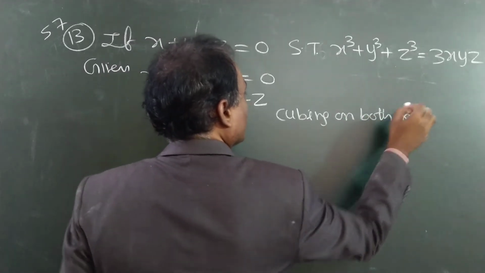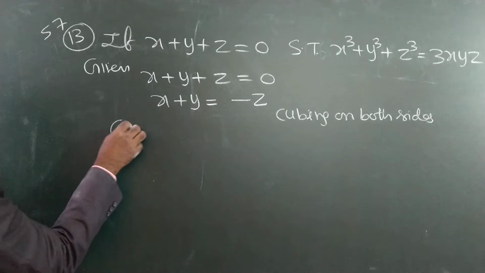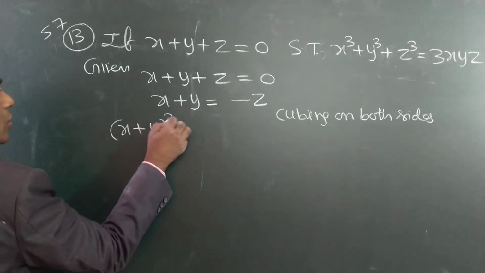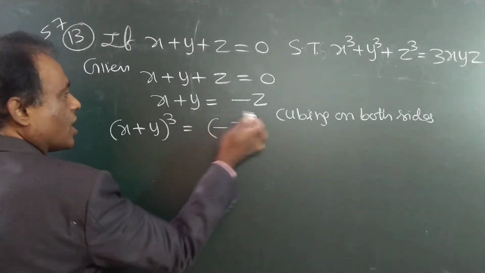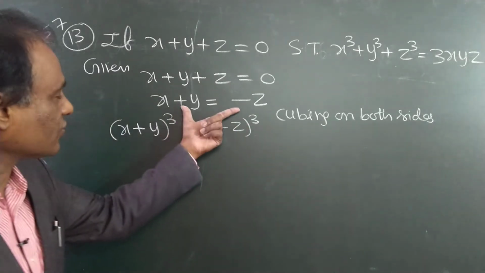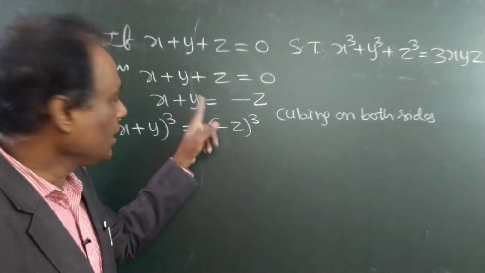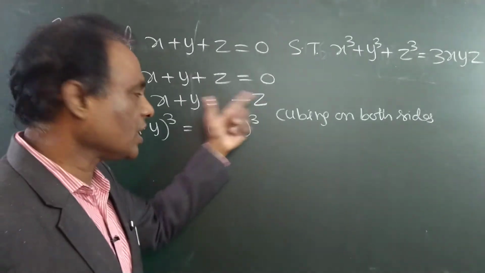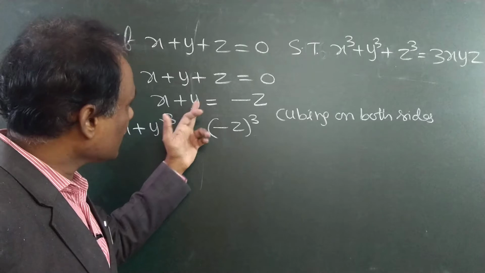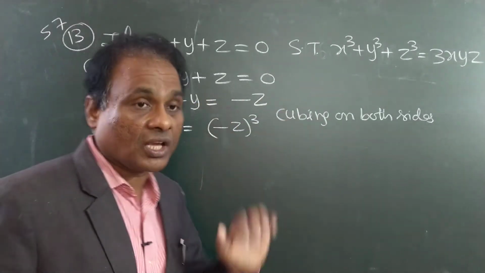I am cubing the left side, x plus y whole cube. Right side also I am cubing. When it is an equation, when it is an equal symbol, the same operation we can do on both sides. We can add something on both sides. We can multiply. We can subtract the same number on both sides.